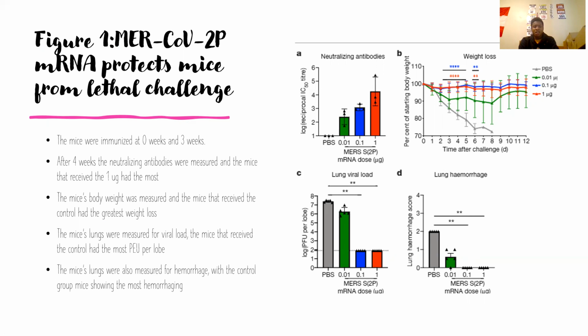The mice in the control group, the PBS, within the 8-day span had the biggest loss in percentage of body weight. They started around 100%, and after 8 days, the mice weighed in at 70% of their original body weight.